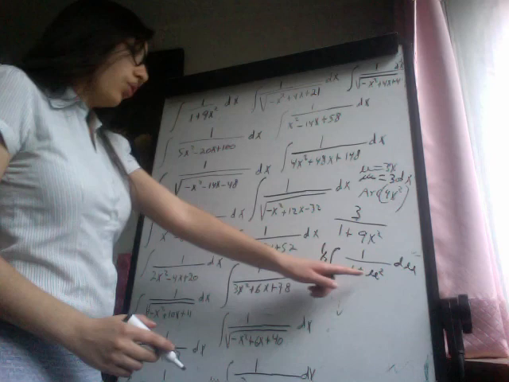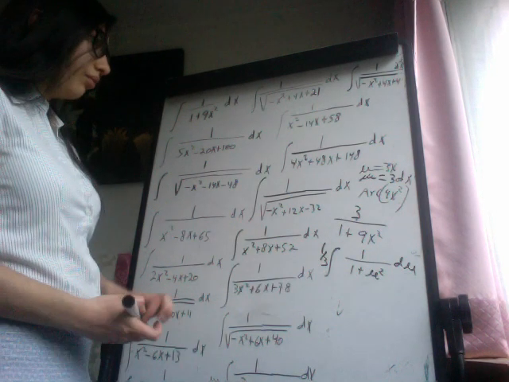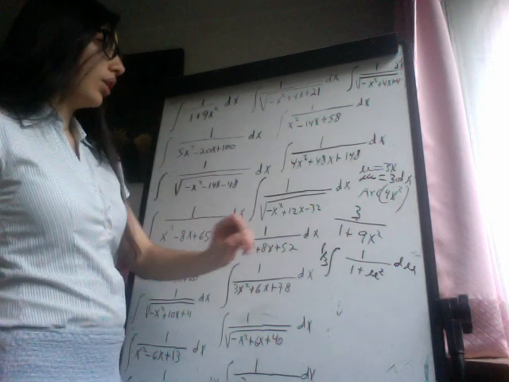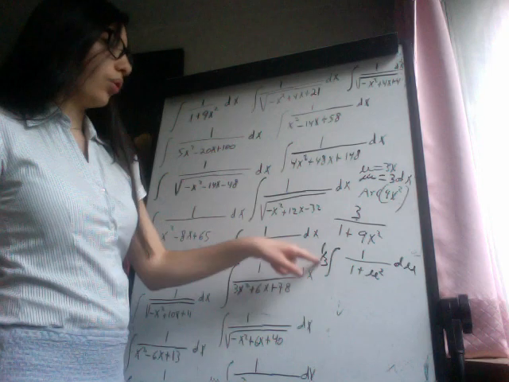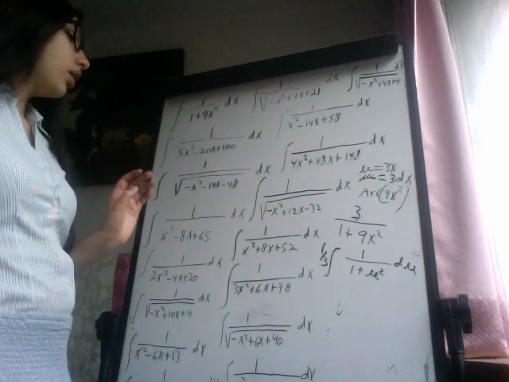So you need to multiply by 1/3 here in order to have dx, because dx is equal to 1/3 of du. And u squared is 9x squared.